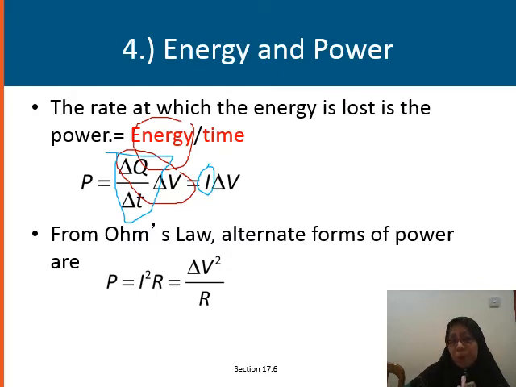So that's the reason why power is also defined as the product of current times voltage. When you alternatively bring Ohm's law into this expression, it could either be I squared R or V squared over R. Nevertheless, don't worry. You can just go back to this expression and at any time substitute Ohm's law.